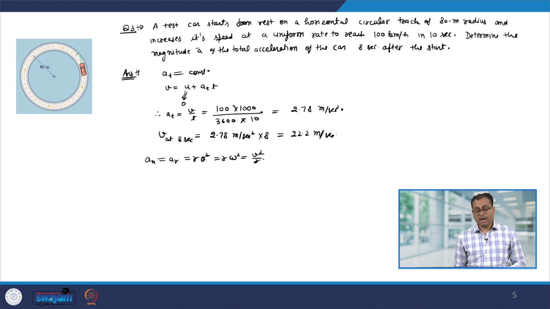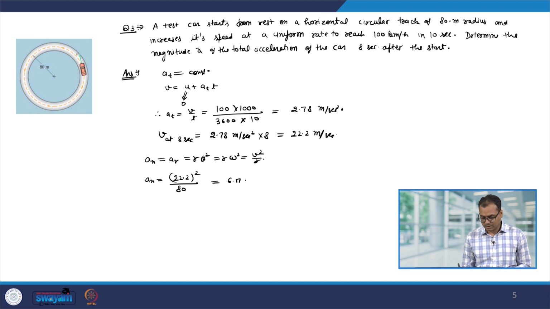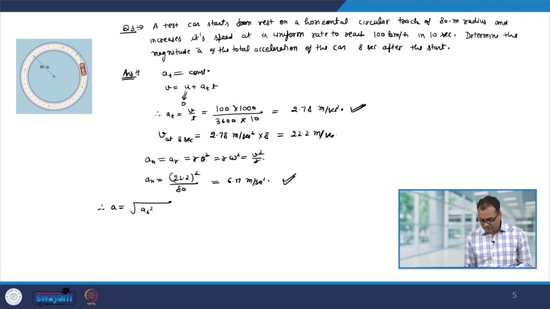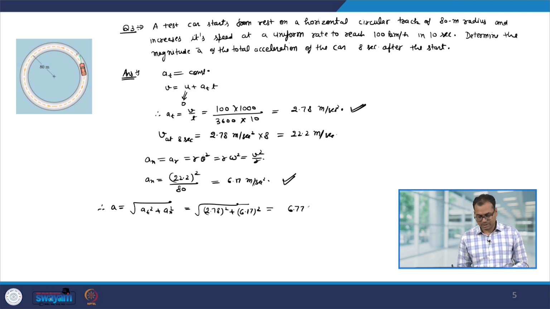Now v is known, r is also known, therefore a_n will be 22.2 whole square divided by 80, which is 6.17 meter per second square. So I know the acceleration in the tangential direction, and I have calculated the acceleration in the normal direction. Therefore, a total will be square root of a_t square plus a_n square, which is equal to square root of 2.78 square plus 6.17 square, and it comes out to be 6.77 meter per second square.